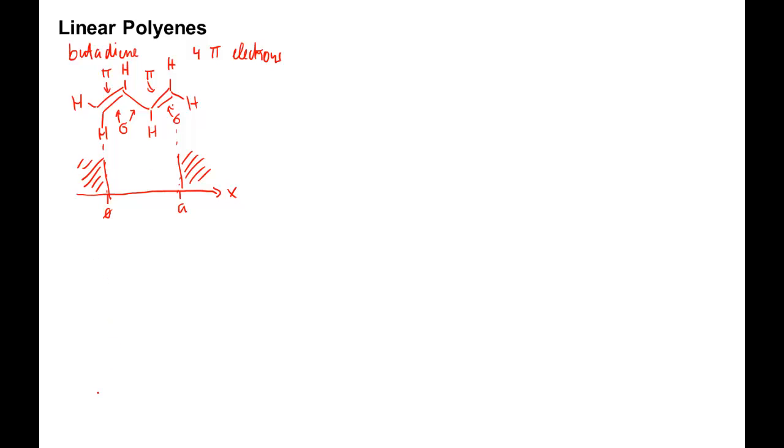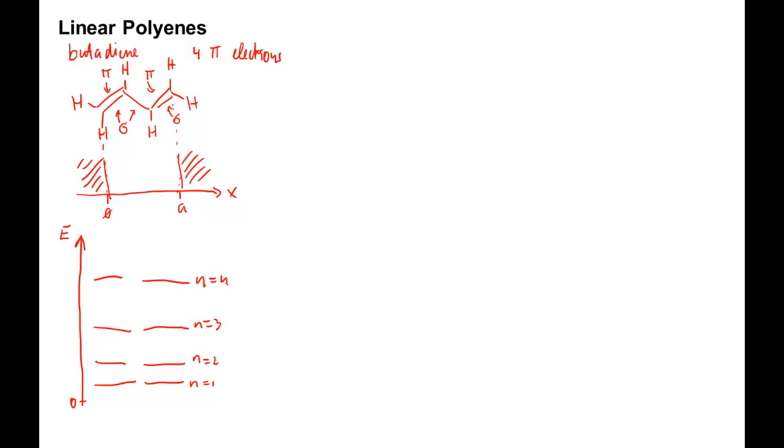Here is the energy level diagram of the box. Lowest level for n equals 1, then comes n equals 2, n equals 3, n equals 4, and so on. Each energy level is doubly degenerate, since the electron can be either in a spin-up or alpha state, or in a spin-down or beta state. Each one electron state is described by a wave function.